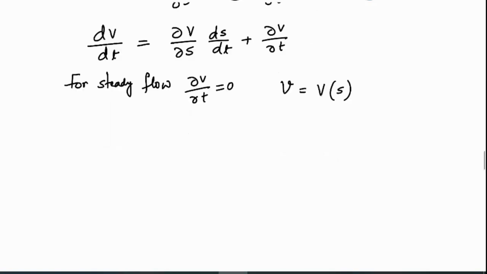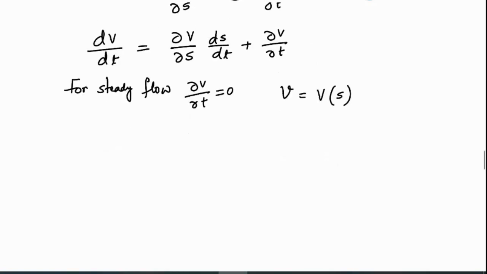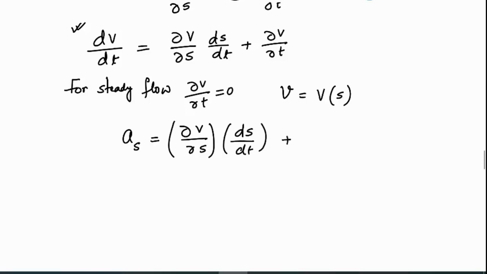And if I want to calculate acceleration, then a equals del v over del s multiplied by ds by dt, because the other term in this case is 0.